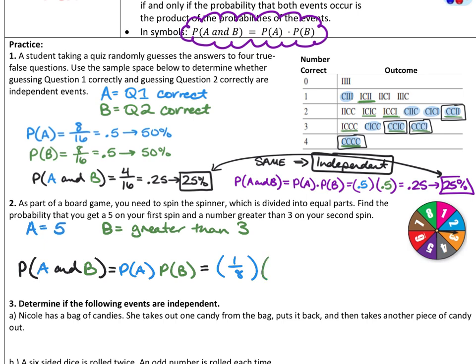For B, we want a number that's greater than 3. Not equal to 3, but greater than 3. How many numbers on the spinner are greater than 3? 1, 2, 3, 4, 5. There's 5 opportunities for me to get a number that's greater than 3. So the probability of B is 5 out of those 8 sections.